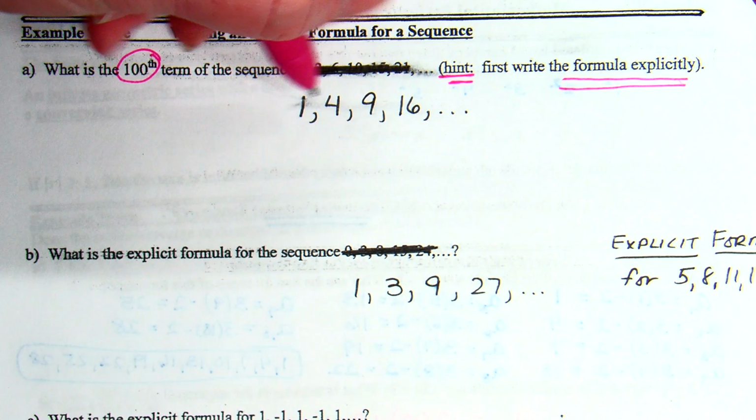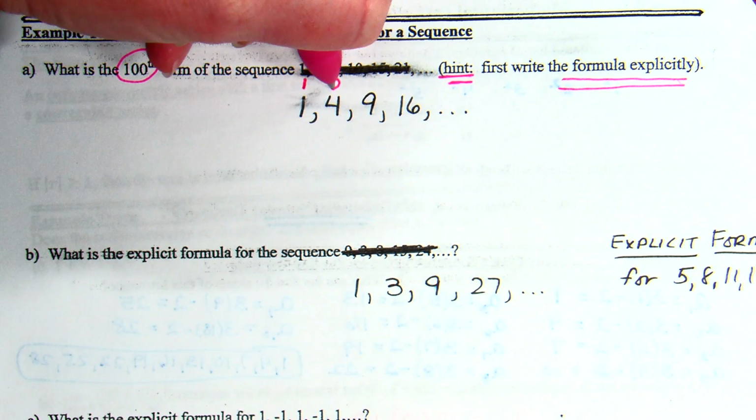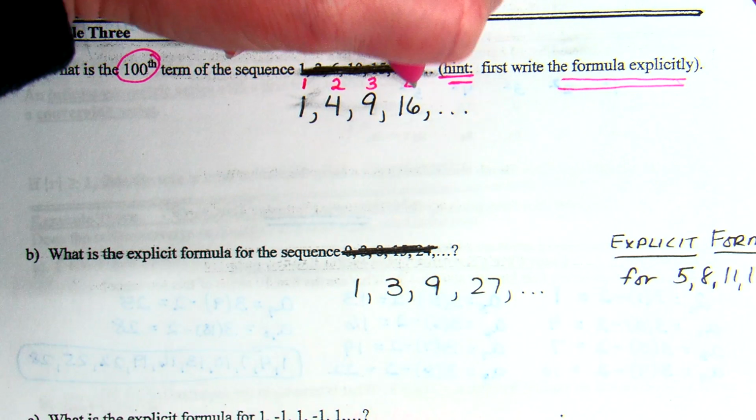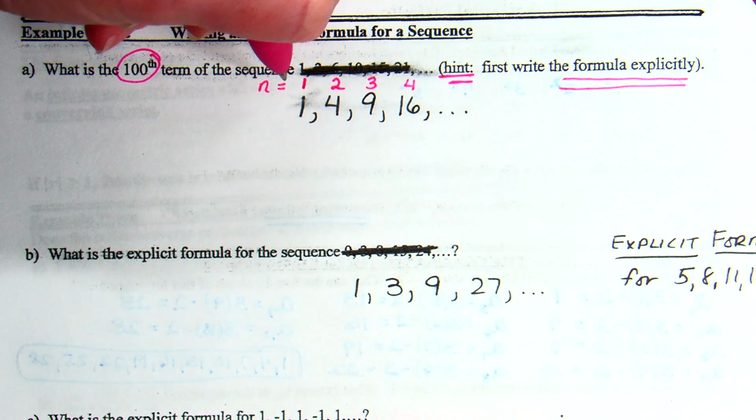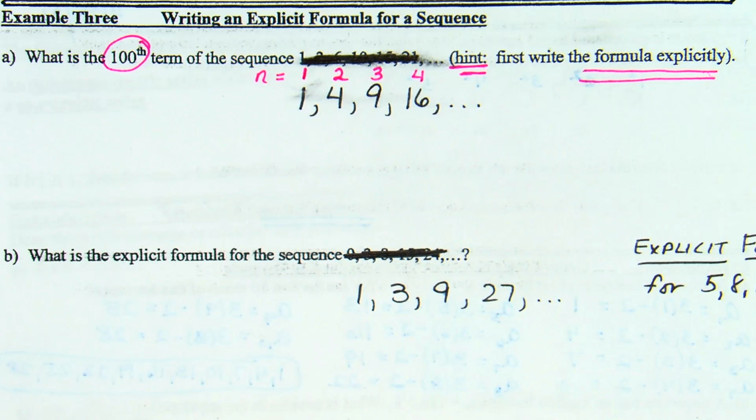When we are thinking explicit formula, one of the things I always suggest you do first is think about term numbers. As in, 1 right here is the first term. What is 4 then? It is the second term. 9 is the third term, and 16 is the fourth term. Agreed? Those are your n values. n represents the term number.